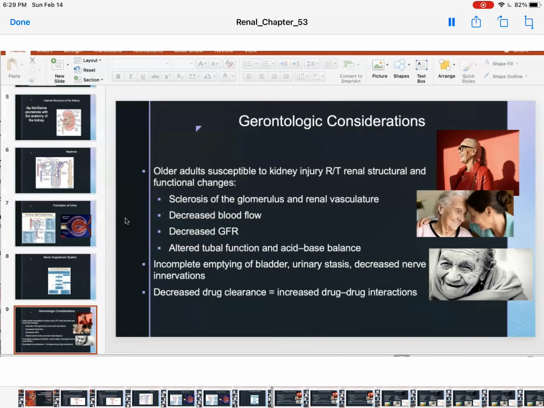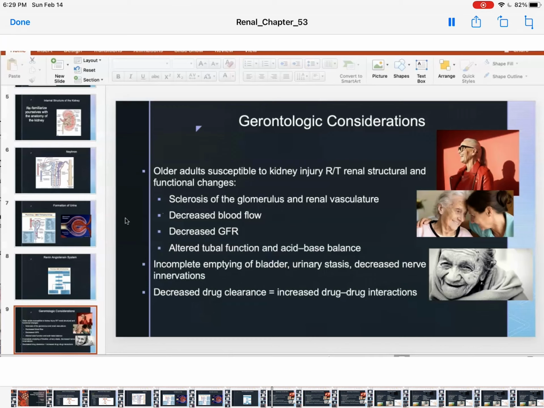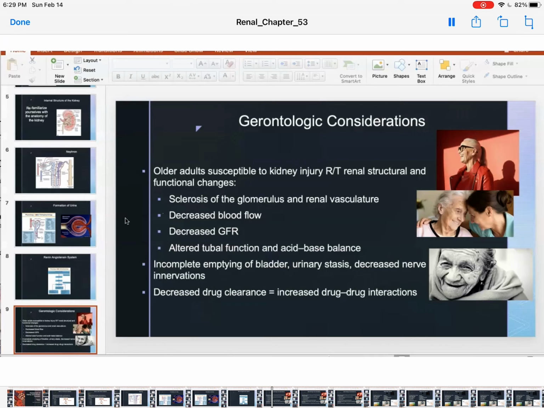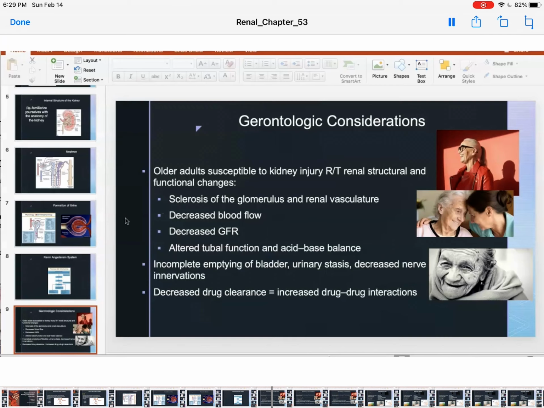Upper and lower urinary tract formation or function changes, the sclerosis of the glomerulus and renal vasculature change, decreased blood flow, and decreased glomerular filtration rate, which starts between 35 to 40 years of age.